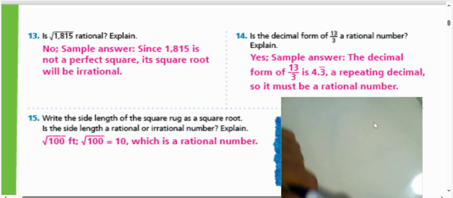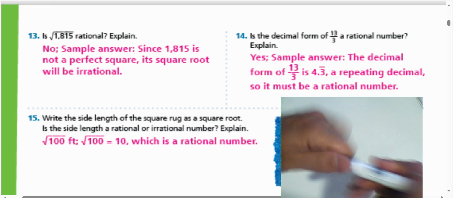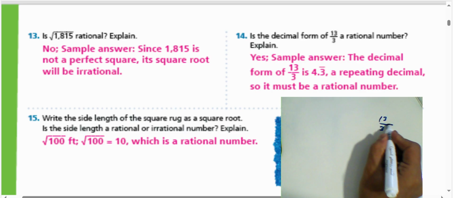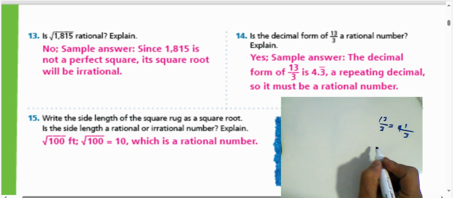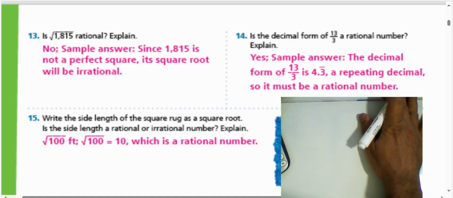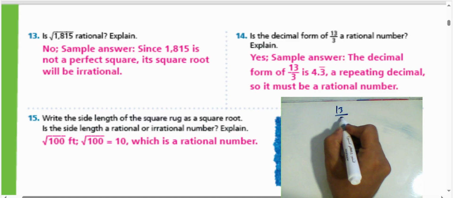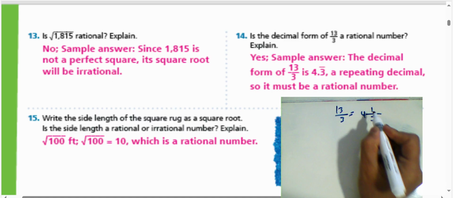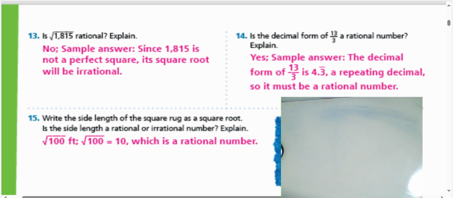You can write it like this: 13 over 3, 3 times 4 equals 12 and the remainder 1. So 13 over 3 is 4 and a third.